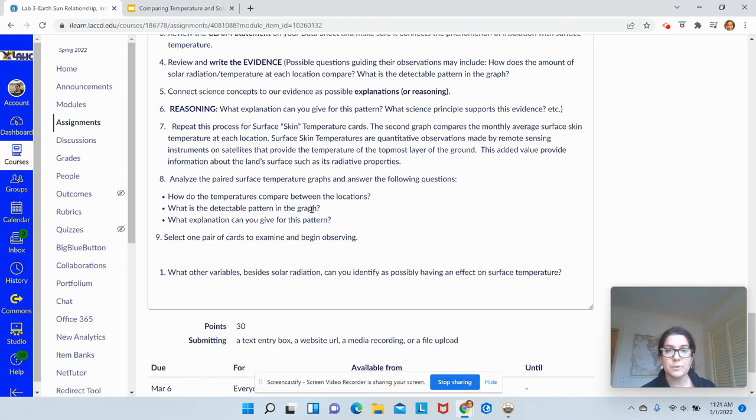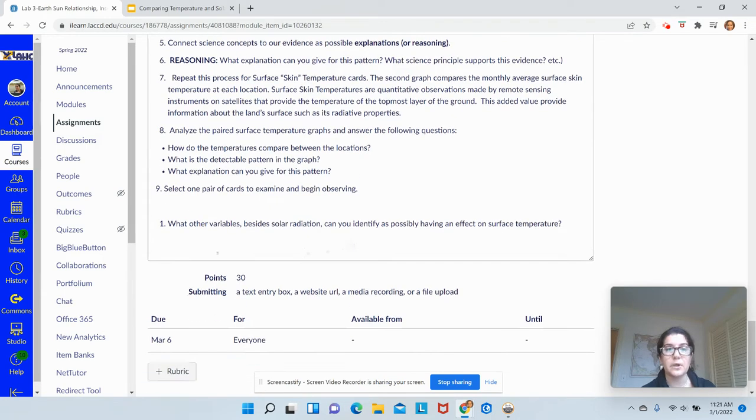What is the detectable pattern in this graph, and what explanation can you give for this pattern? Select one pair of cards to examine and begin observing. What other variables besides solar radiation can you identify as having a possible effect on surface temperature? I've already answered one of those for you in this video.